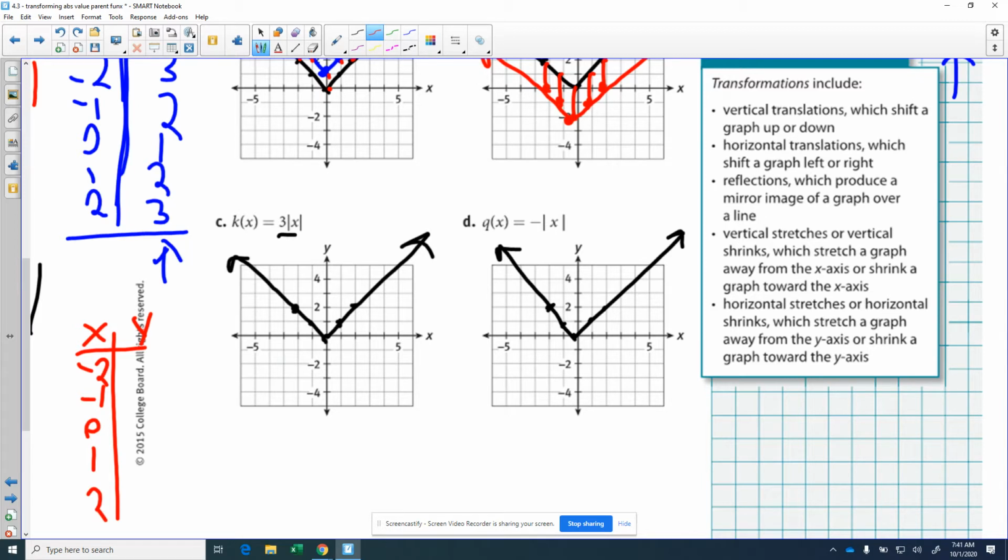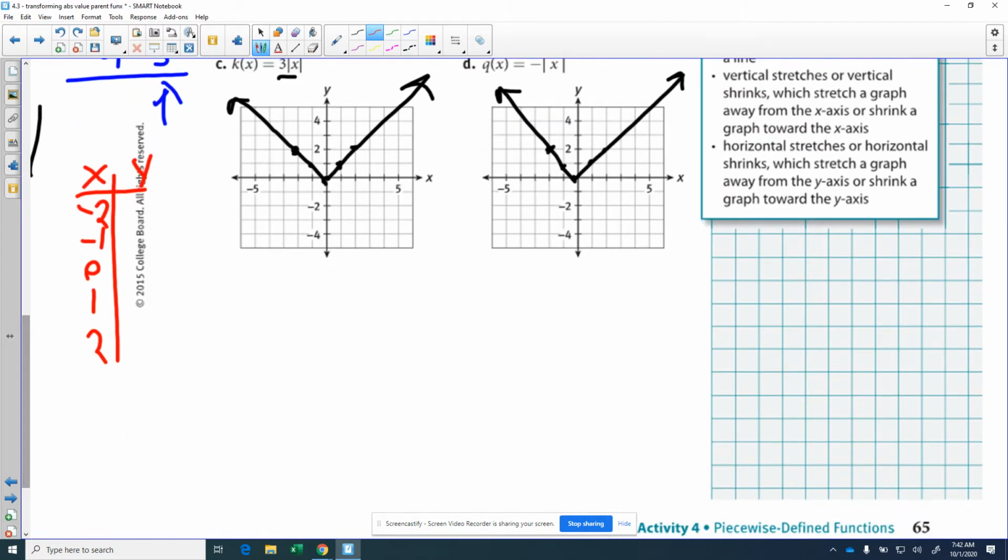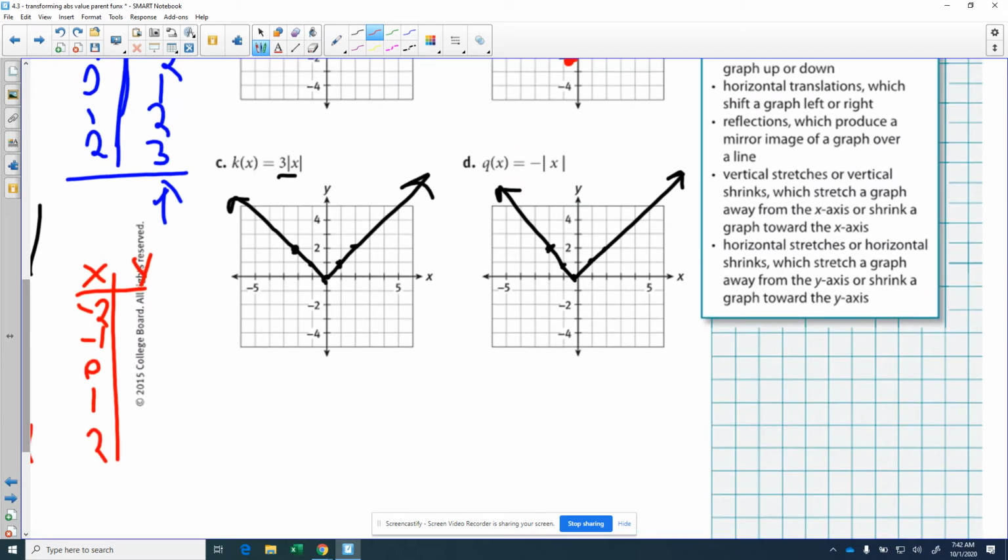For this graph right here, I want to know what's going to happen, because in the original graph, all the numbers stayed the same, however they became positive. So now, what's going to happen if I multiply that 3 to it? Here's where the key thing comes into play. If I were to plug -2 into that absolute value, it'd become a positive 2. But then I'd have to multiply the 3 to it to get 6.